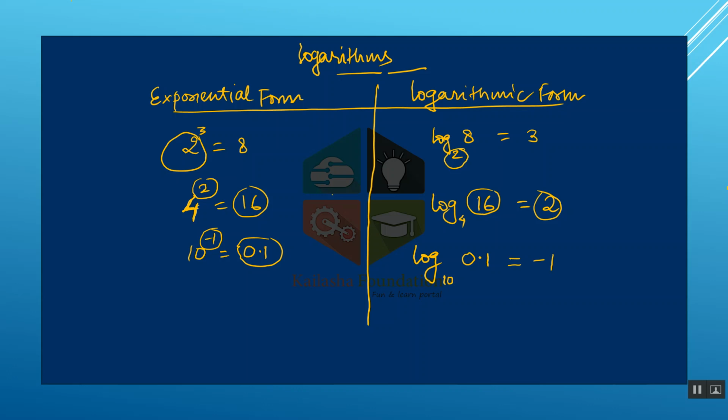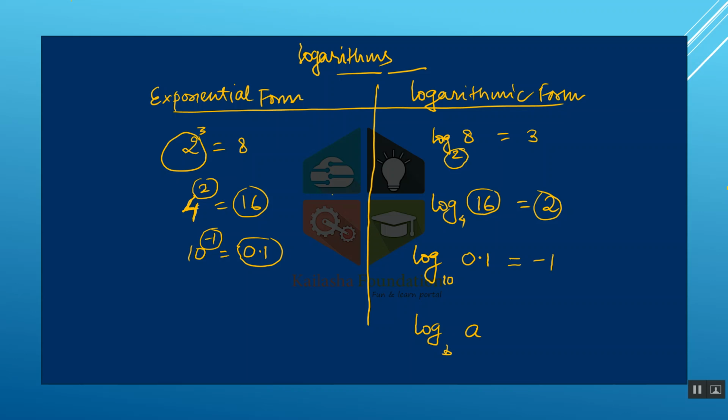There are a few restrictions in log. When we talk about log b to the base a or log a to the base b, neither this a nor this b can be negative. That means the input and base cannot be negative in log.